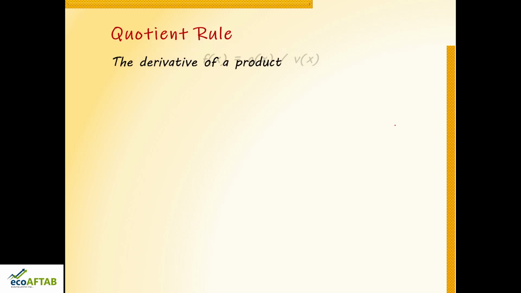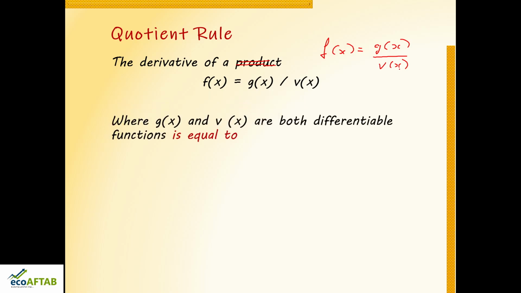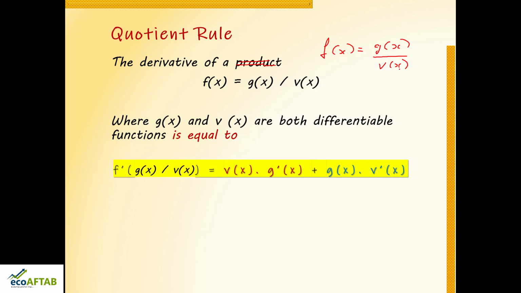The derivative of a function f of x equal to g of x divided by v of x, where g of x and v of x are both differentiable, is given by this formula. What is the formula over here?